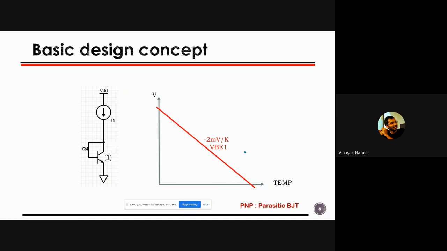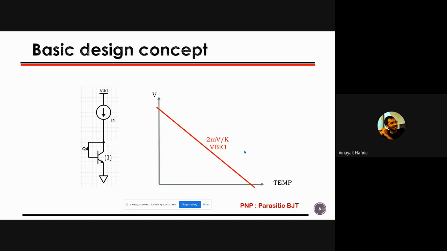After this, we'll see the concept of how to design a voltage reference. Before going ahead, for simplicity I have taken the NPN transistor that you can see in the circuit. But generally, while designing a circuit in IC, we use the PNP transistor. Why is it so?